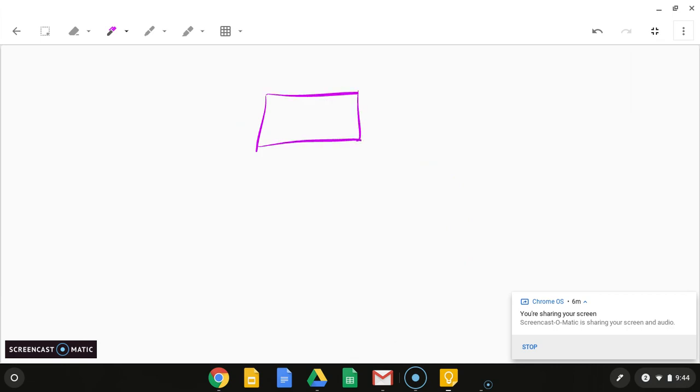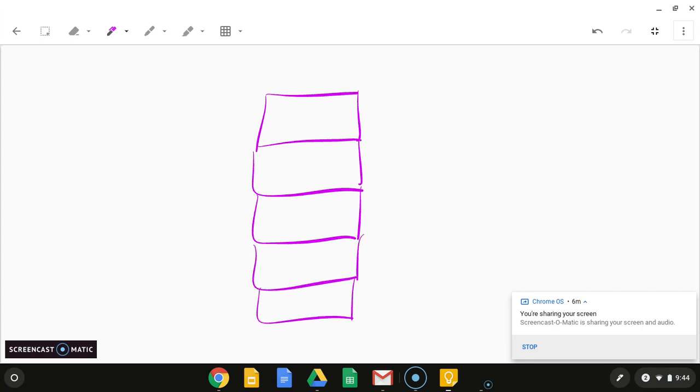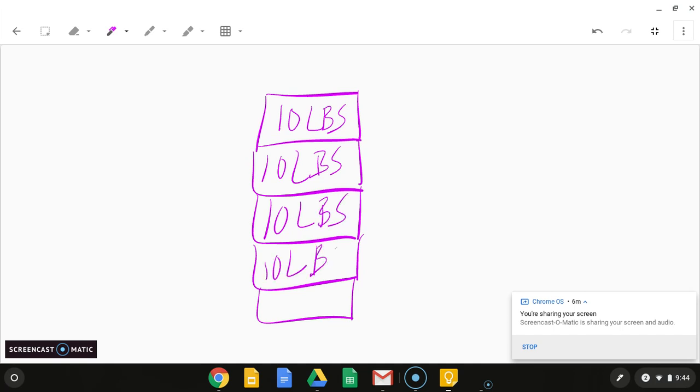And we're going to need 5 boxes because it was out of 5. So 10 pounds. And 10 is what we got when we took our 50 and divided it by our denominator.